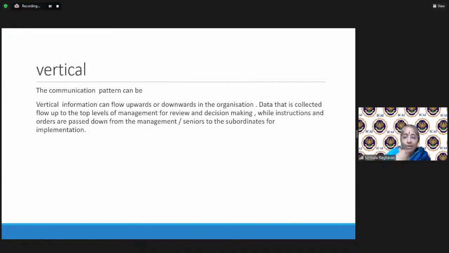It goes up by way of data collection and information, and it comes down from the boss by way of instructions and orders, for management review and decision making. And remember, this is from the subordinate to the boss and the boss to the subordinate. It is a two-way communication.